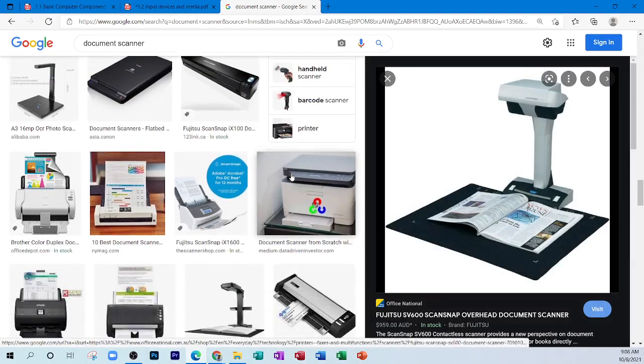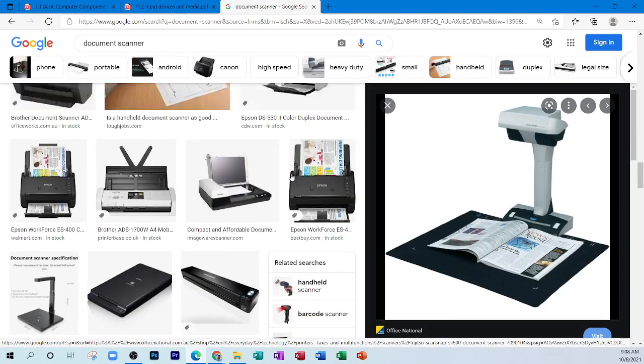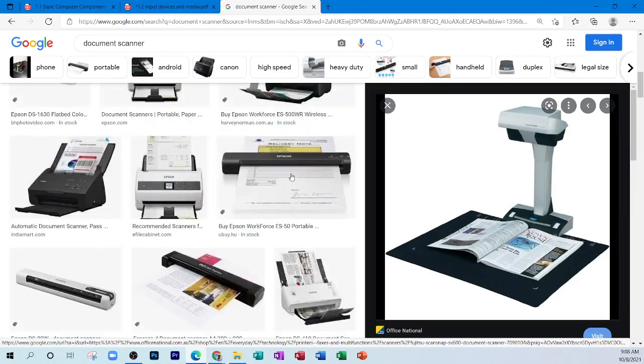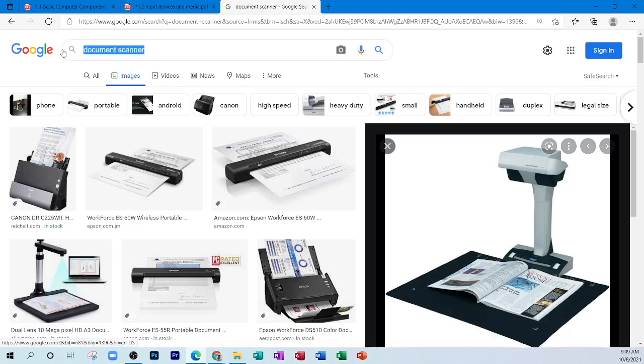So those are the document scanners. Now, what persons realized is that it's commonly used, and when you want to photocopy something, you have to scan it, transfer it to your computer, and then print it through your printer. So what they did, they basically incorporated it into your printer.